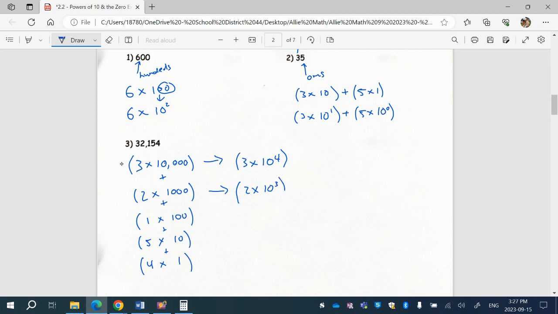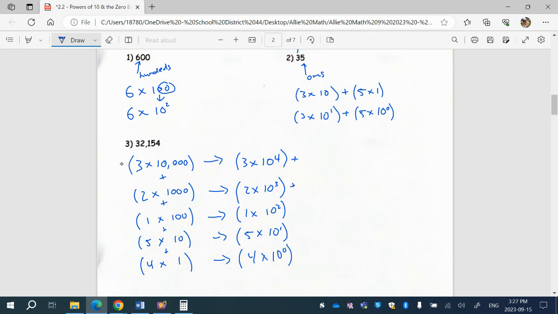This one is 10 to the power of 3. This one is a 1 times 10, we've got 2 zeros. This is a 5 times 10 with 1 zero. And this is a 4 times 10, 0 zeros. There you go.